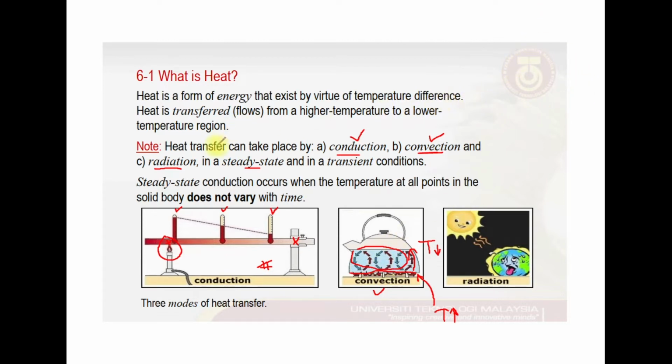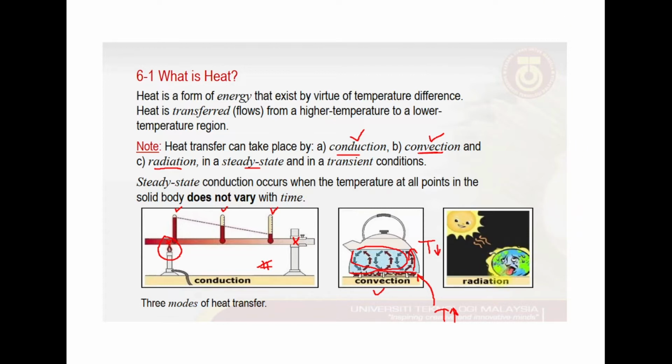The last mode of heat transfer is known as radiation. Radiation is the transfer of energy by the emission of electromagnetic radiation.